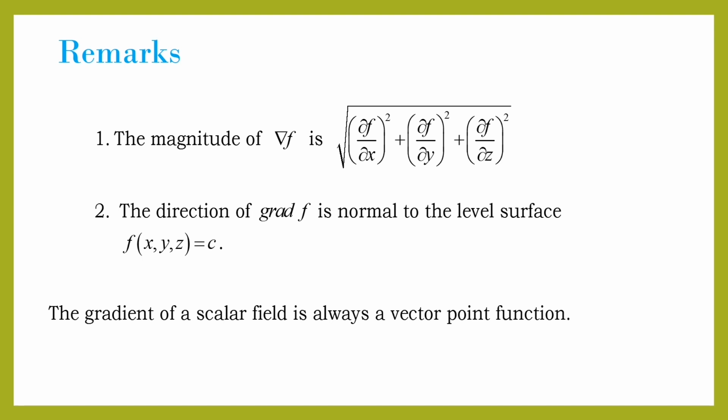So I assigned a magnitude and a direction to the gradient. So one point is clear. The gradient of a scalar point function is always a vector field.